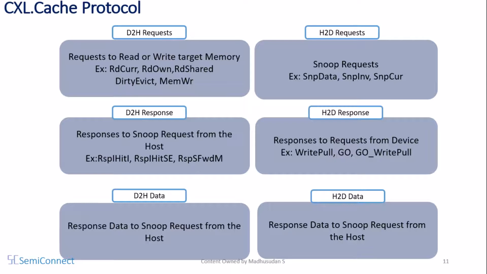And then there are H2D responses. They are some kind of signal indicating the transitioning of the state of these cache lines for the request that came from the host to device. This host to device response is very important, because that's where what is called global observation, or GO, happens.